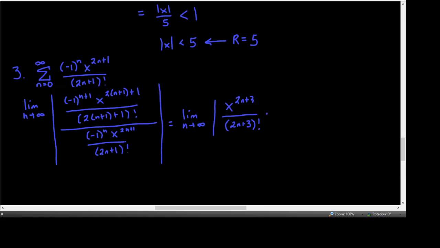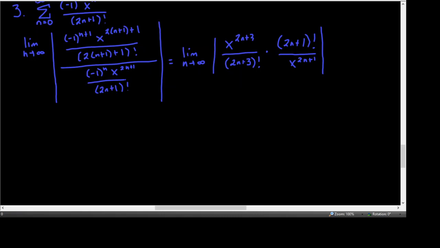And at the same time that I've stripped away those -1s and simplified the n plus 1 expression, I'm also going to do that division of fractions by multiplying by the reciprocal of the denominator fraction. So I do several things at once here. You're going to want to not skip too many steps, but I think what I've done here, taking away the powers of -1 and doing multiplication by the reciprocal, is something that you would understand pretty easily.